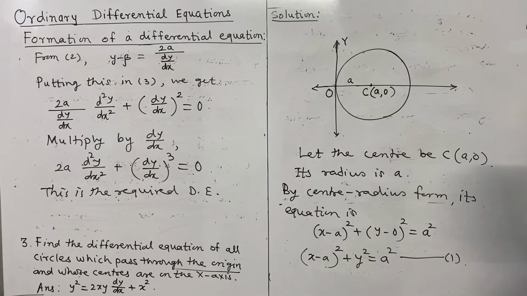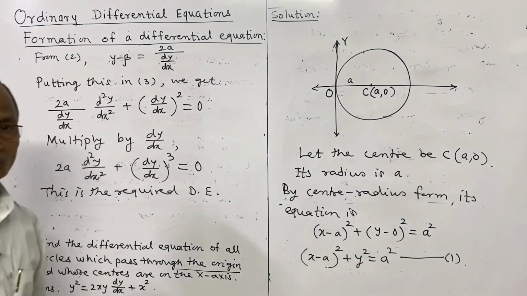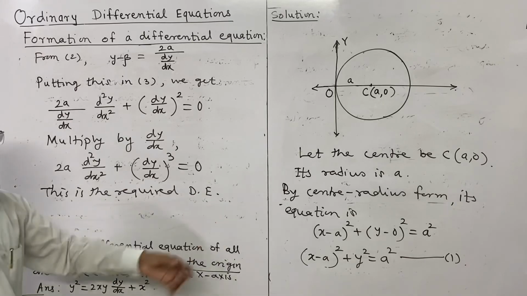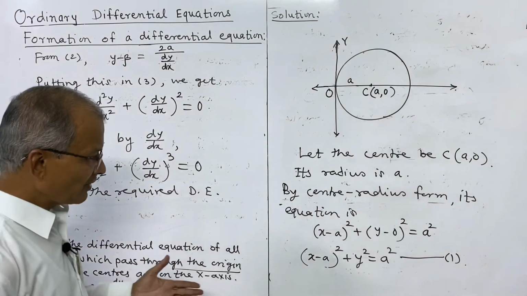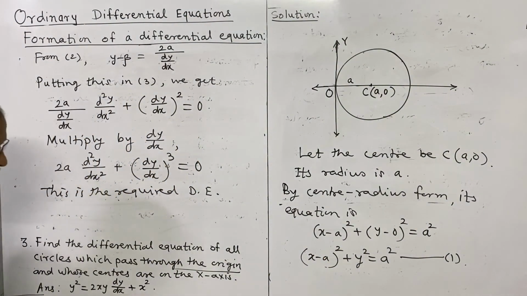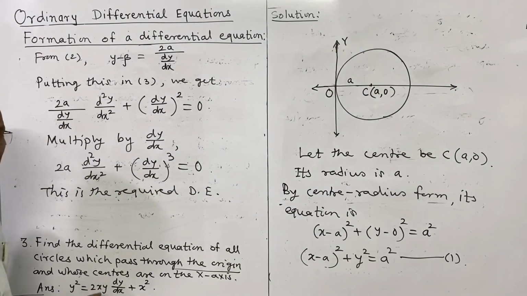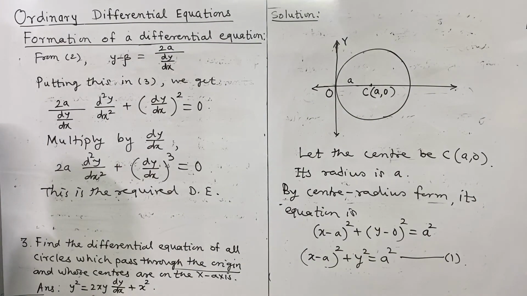So you do the remaining steps yourself, differentiate it only once, not 2 times, and this is the required first order differential equation, because there is only one arbitrary constant. Differentiate it and eliminate a, that means we have to obtain the value of a and put it here itself, then this equation will be obtained. So you try the remaining steps yourself and get the answer.